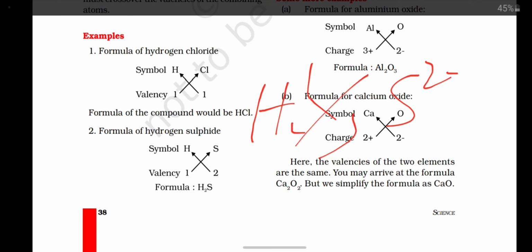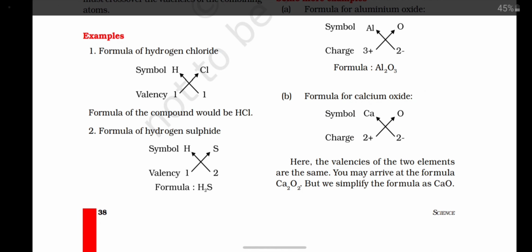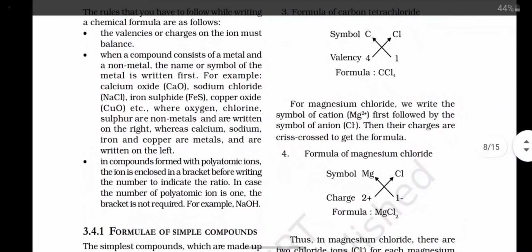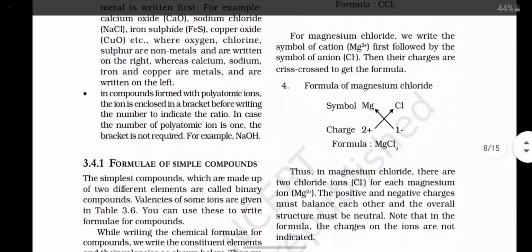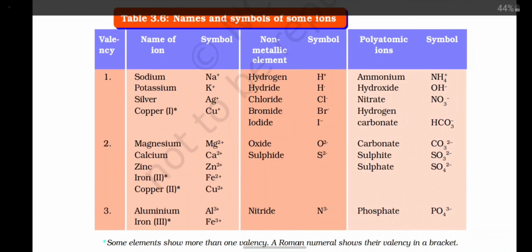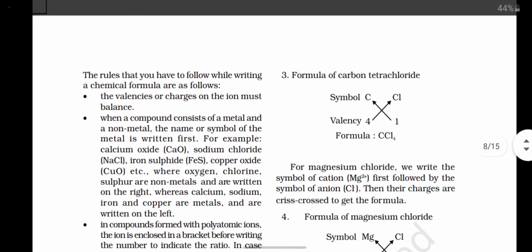If you crisscross like this, it will form H2S, which is hydrogen sulfide. Here are given numerous elements with their valency and how the compound is formed. You have to remember all these ions, then follow these rules to form the compound.